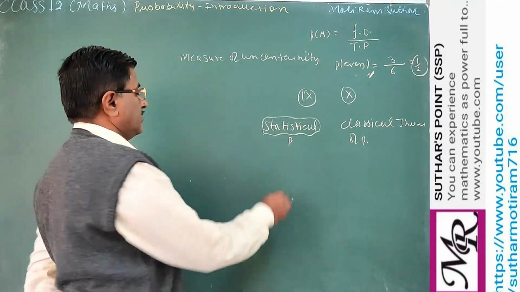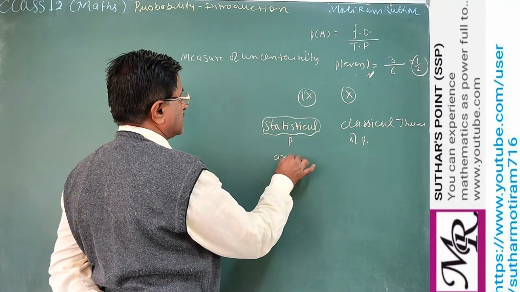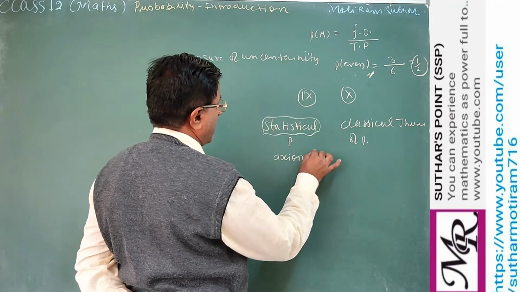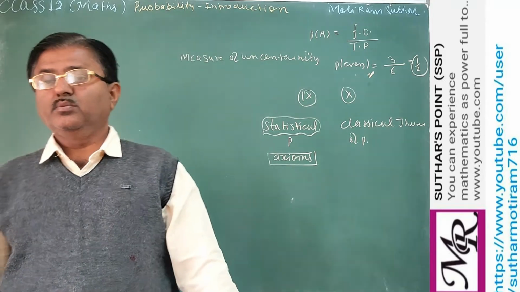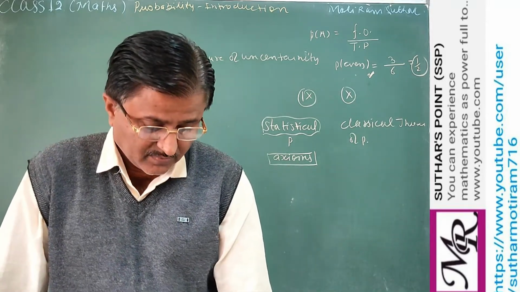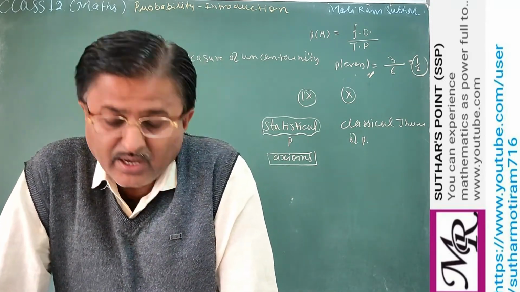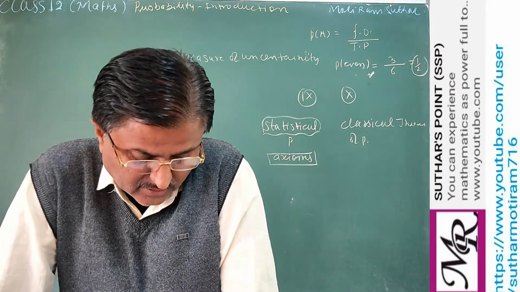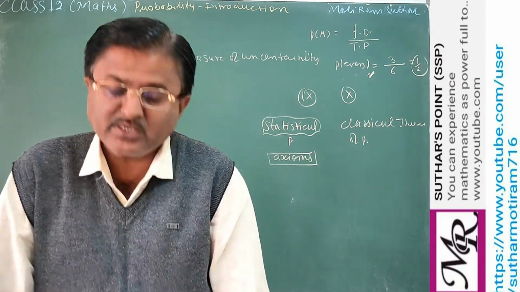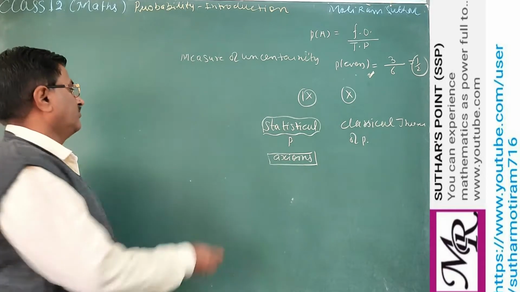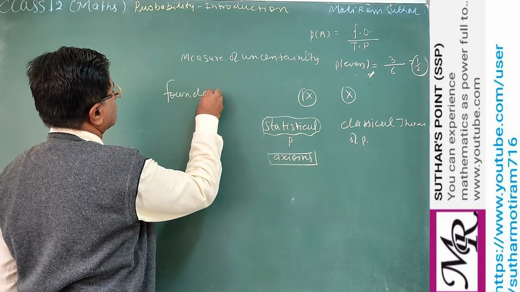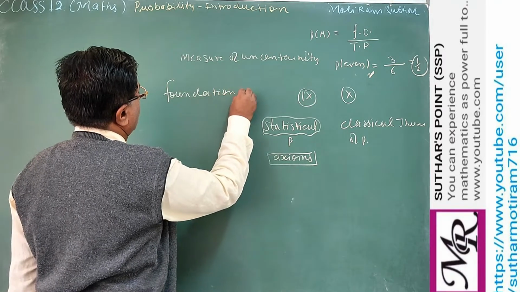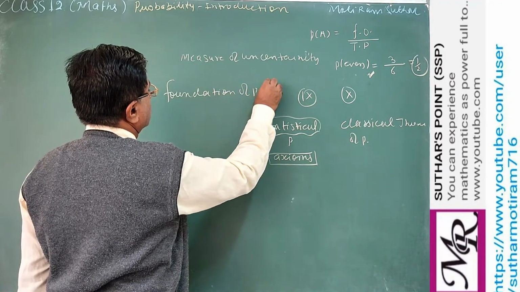He takes some points or some facts, axioms, in the book published to interpret the probability, and his book's name is Foundations of Probability.